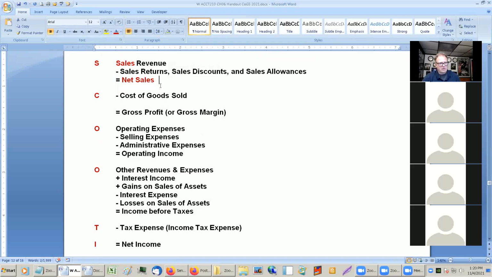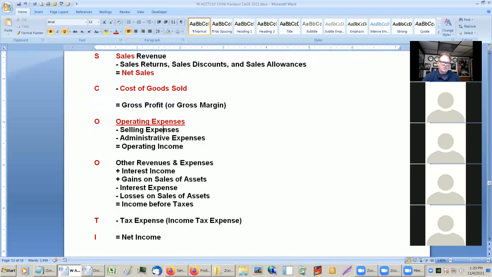C stands for cost of goods sold. The first O is for operating expenses. And those are mostly selling and administrative expenses.